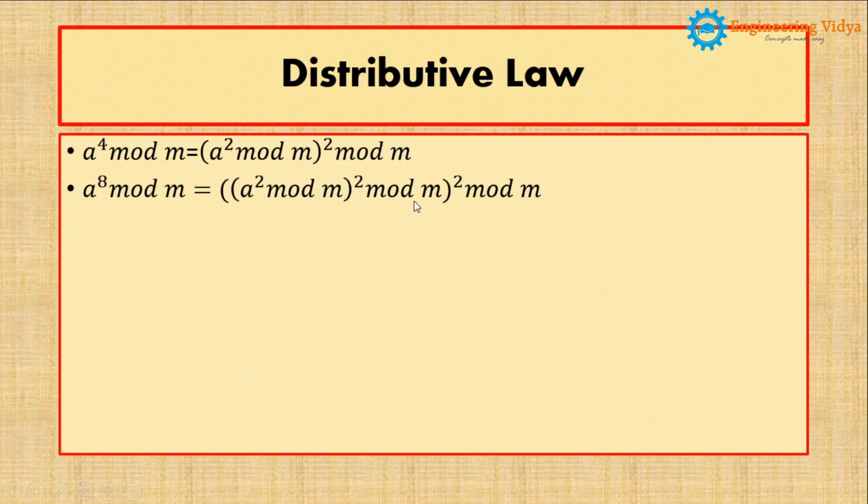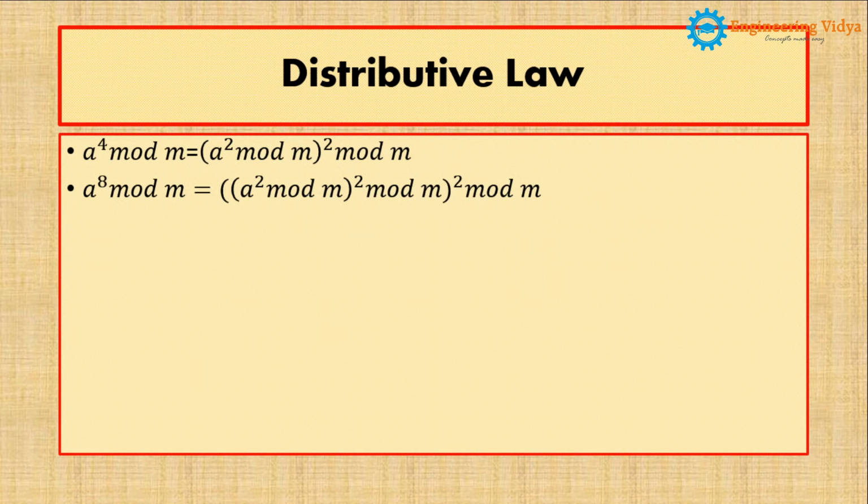So in the second attempt we take the square of that result and again take the mod of m. Here the power 8 is distributed in 3 parts: 2, 2 and 2. Multiplying 2 by 2 gives 4, and by 2 again gives 8. This is how we apply the distributive law in the case of a power 8.